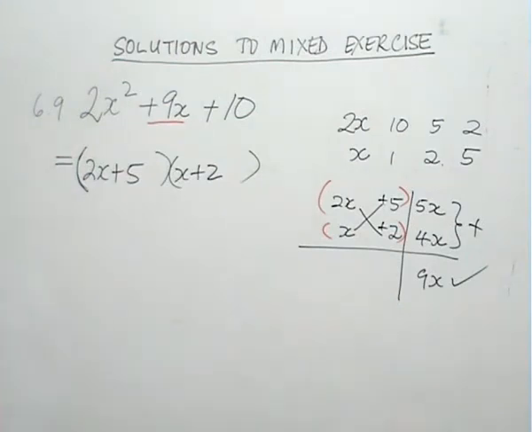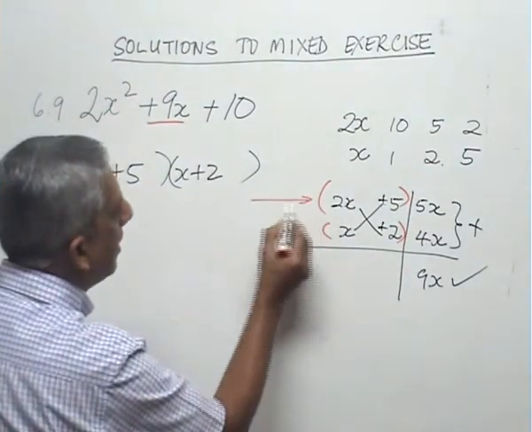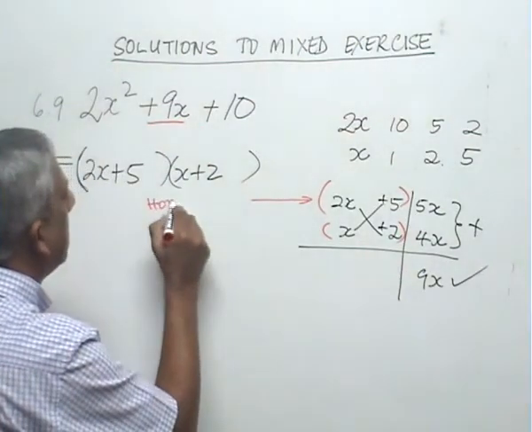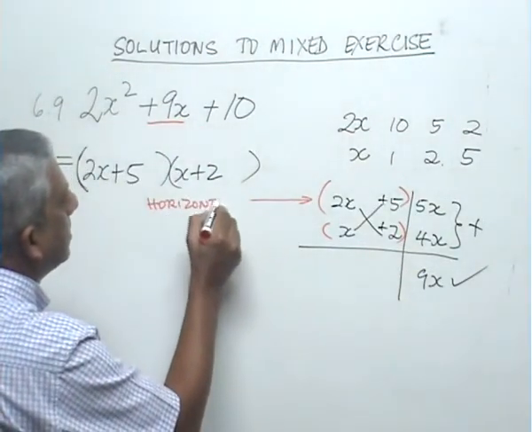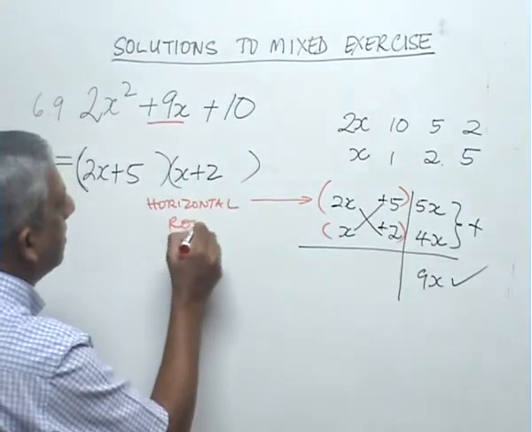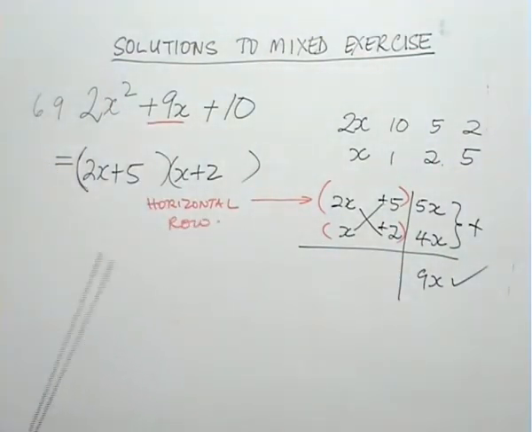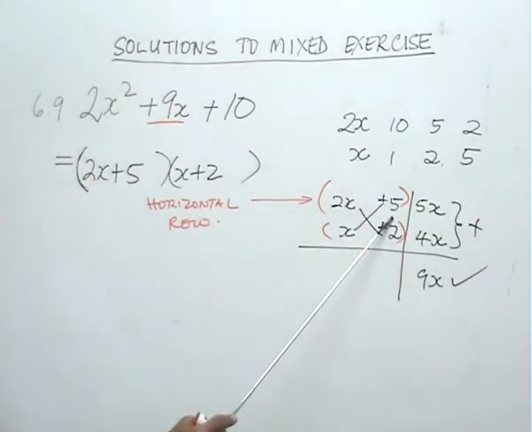Now I'm going to take this example to explain another golden rule in trinomials. You see, we call this a horizontal row. When you're choosing factors, your horizontal row must never have common factors in it. So if you see this row here, this is 2 and that's 5.